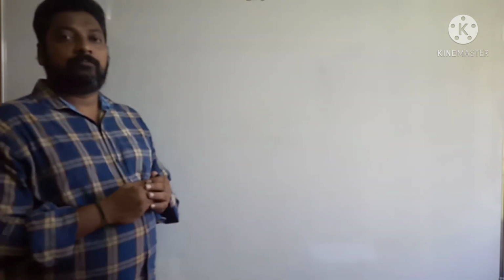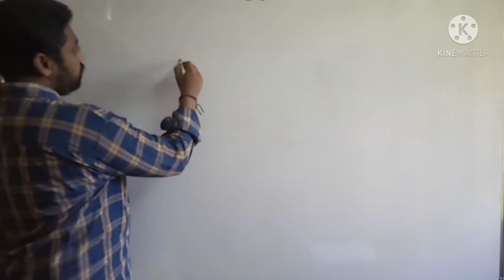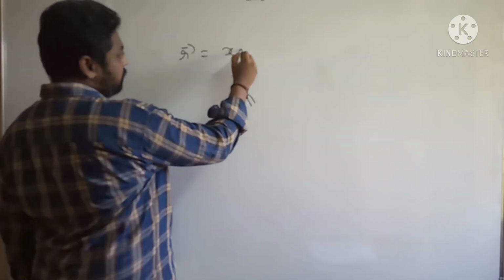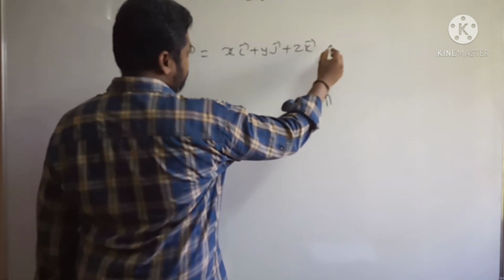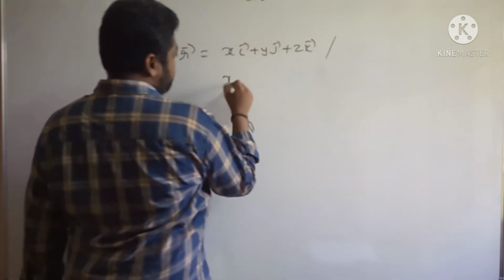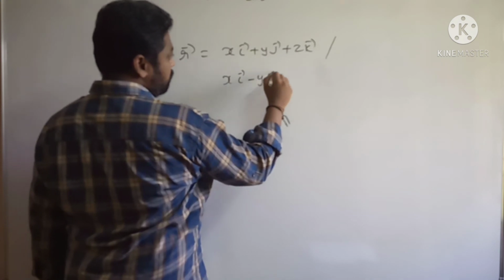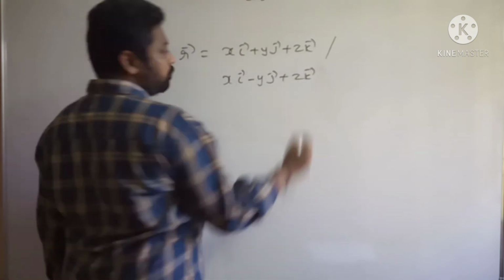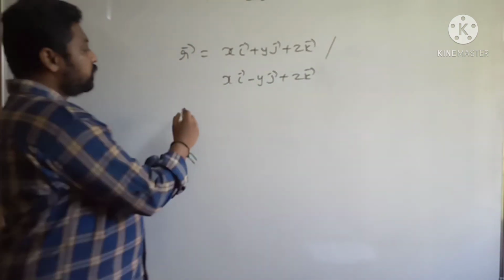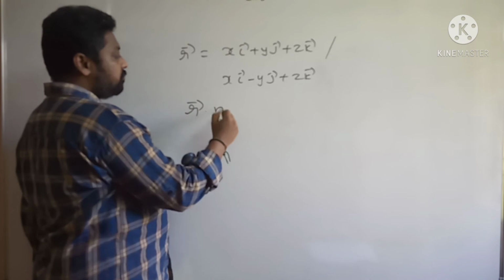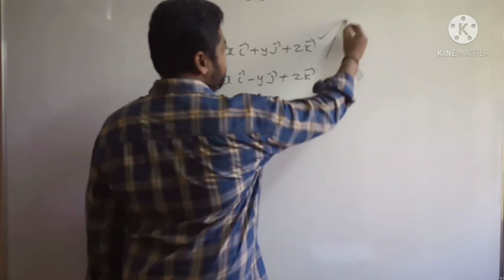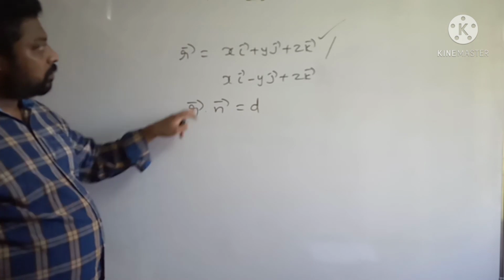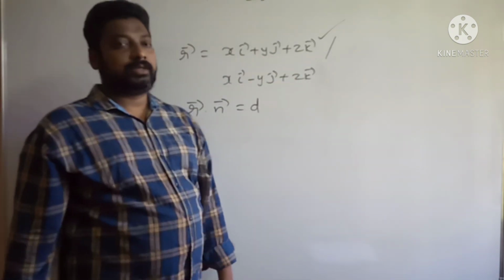Fine. Now where do we have to use this? The position vector r is xi plus yj plus zk, or xi minus yj plus zk. If the plane is of the form r dot n equal to d, then we have to use the first case, where r is xi plus yj plus zk.